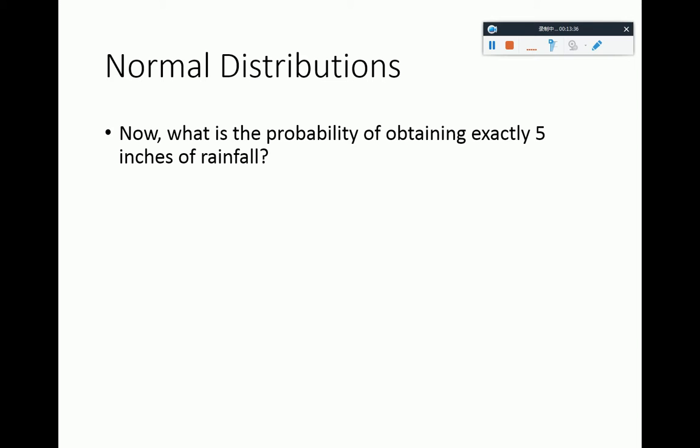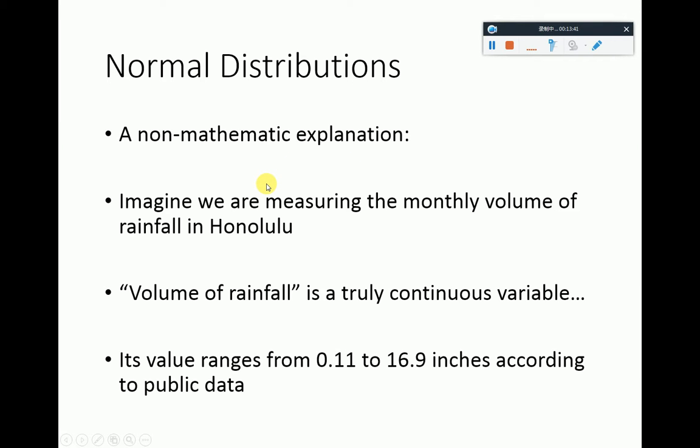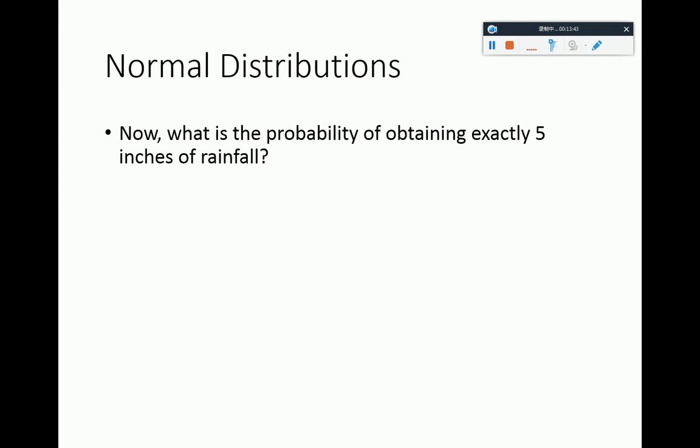That's why I didn't say that we assume it's a normal distribution or other kinds of distribution. My question here is, because our focus is to reason through why the probability of obtaining a precise value from a continuous variable is close to 0: what is the chance of obtaining exactly 5 inches of rainfall? Note, exactly 5.